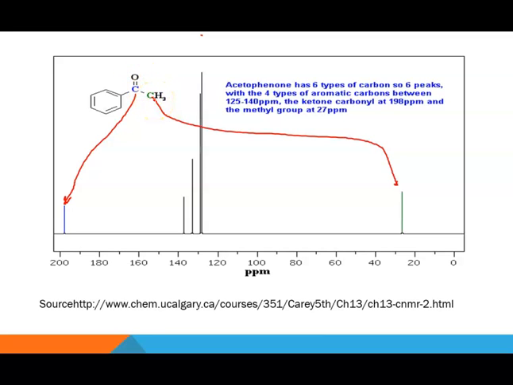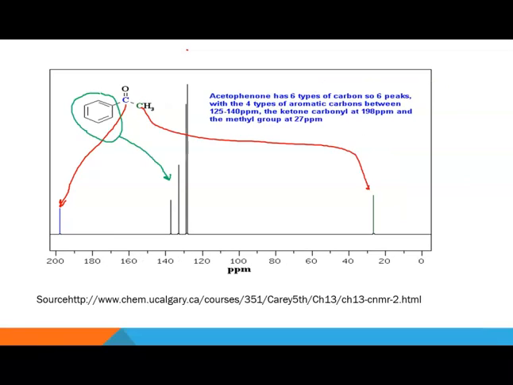So while it is further upfield, closer to 0, it's not below 20. So there is still some influence of that oxygen on the carbonyl group. Now we made a reference in the introduction that carbons that are similar to each other will in fact be placed similarly on the spectrum, and so that's what we see here.